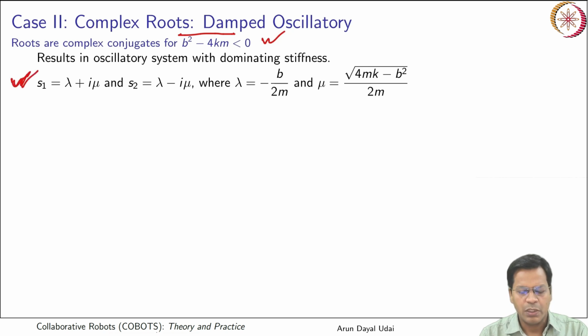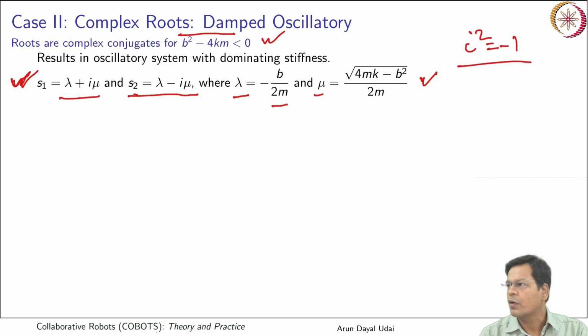Those two poles, the roots, may be written as lambda plus i mu and lambda minus i mu, where lambda is given by minus b by 2m, and similarly mu may be written as this. I have just taken i squared equal to minus 1. That is the complex number thing that you are already familiar with.